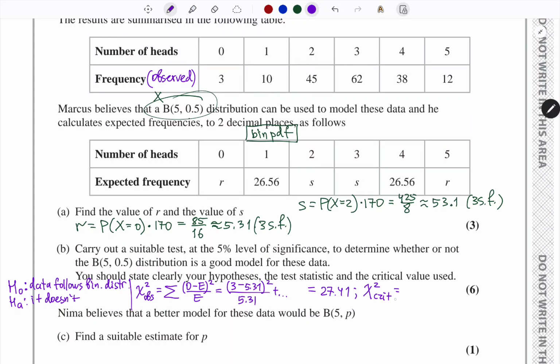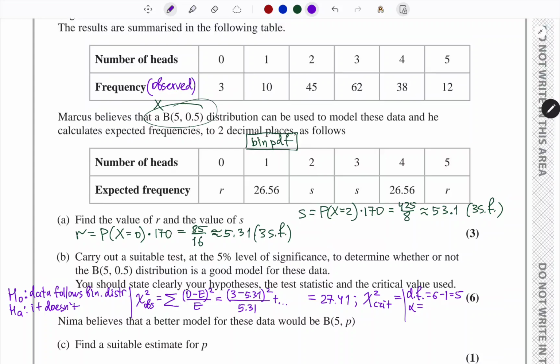Chi-squared critical must be found using the tables. So let me give you some additional information. Degrees of freedom: it's 6, the number of columns in my table, minus 1. It is equal to 5.